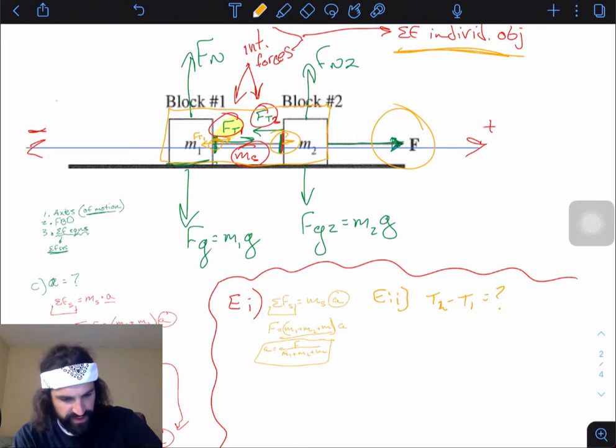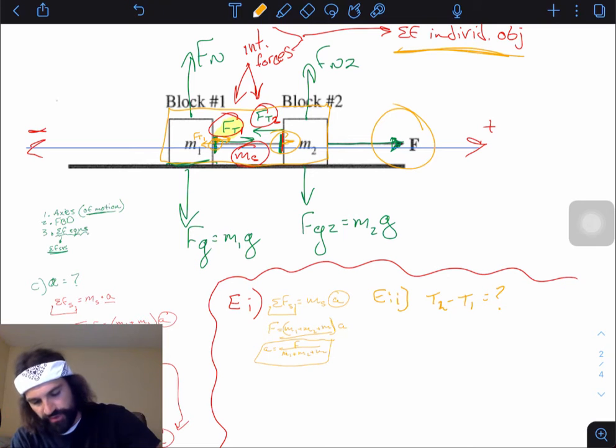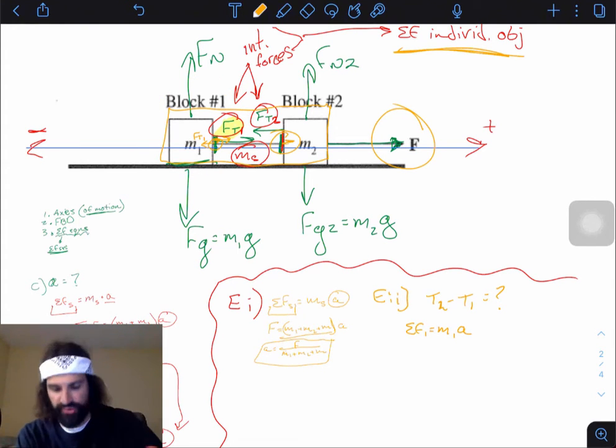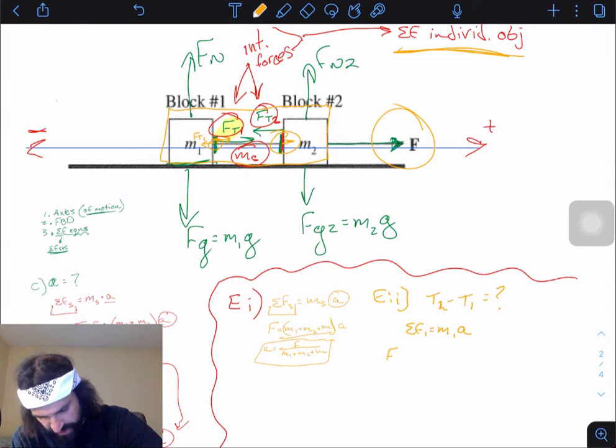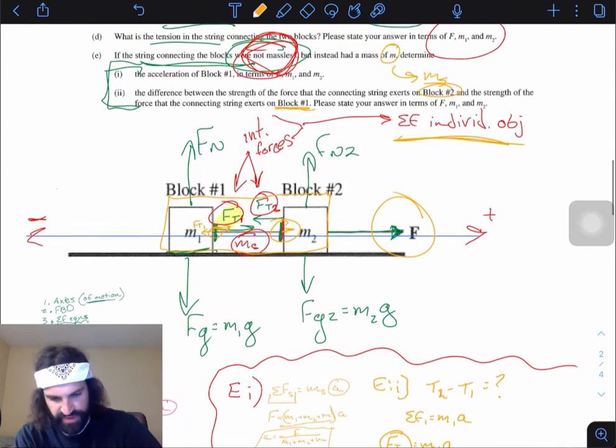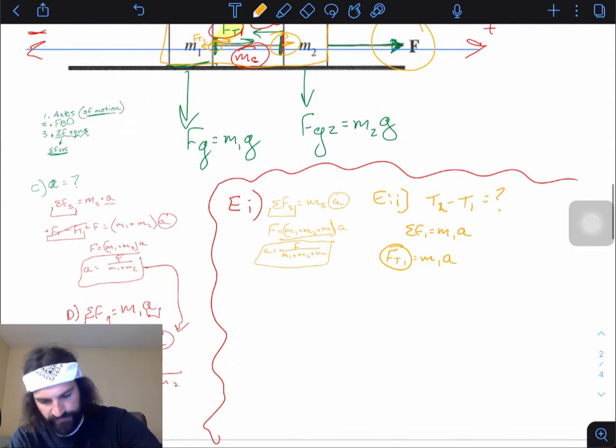So we need to find T1, and for that I'm going to look at the net force for object 1. So net force 1 equals m1a, and the only force acting on object 1 along the axis of motion is tension 1. So Ft1 equals m1a, and if we're trying to solve for tension 1, we can plug in the acceleration that we got in part 1.